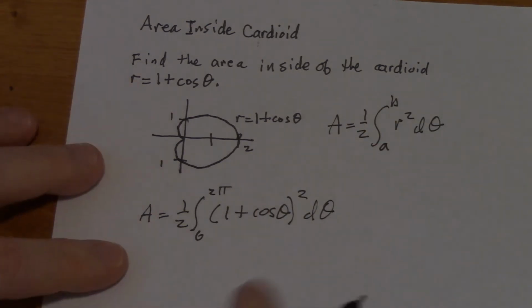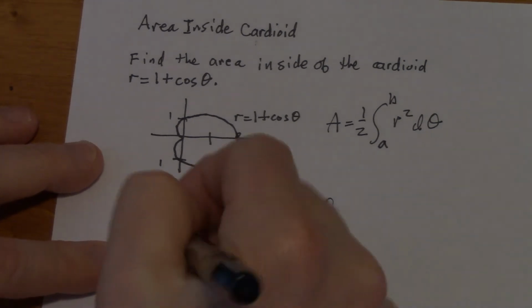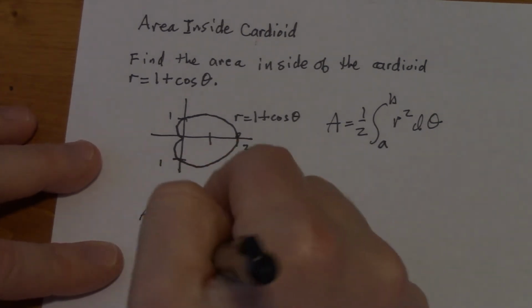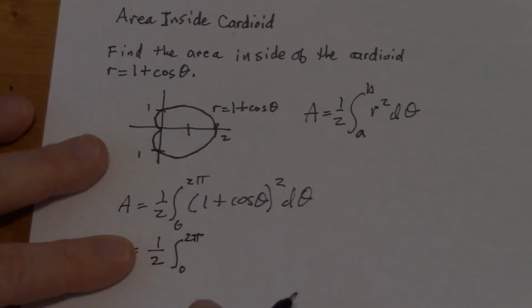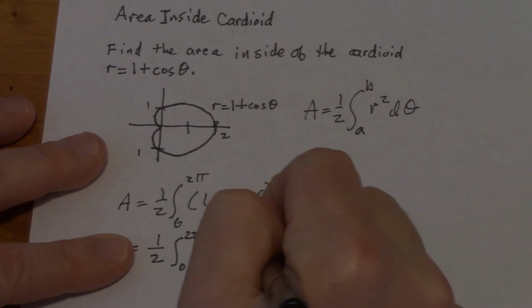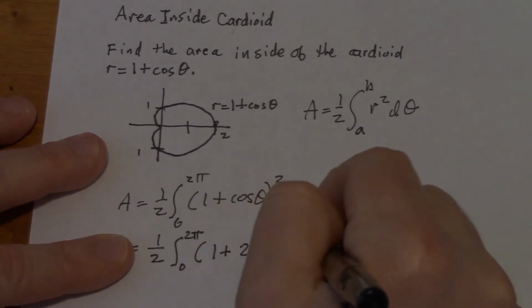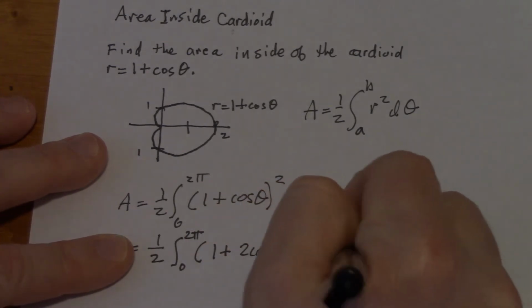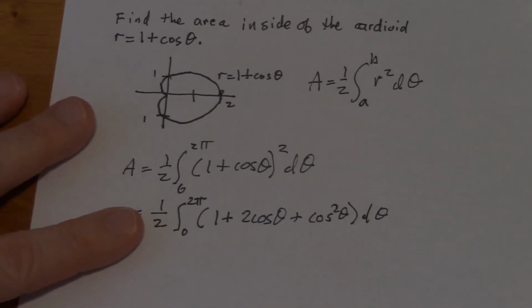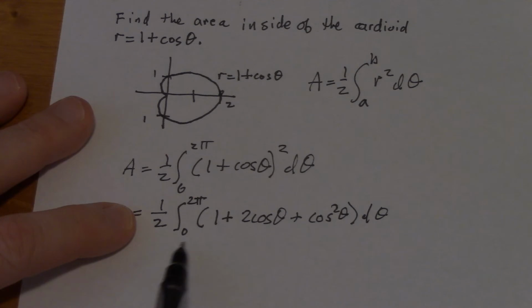So before we can do that, we need to multiply that out. So this is going to be integral from 0 to 2 pi of 1 plus 2 cosine theta plus cosine squared theta d theta. Okay, and then I'm going to distribute the integral through all the pieces.